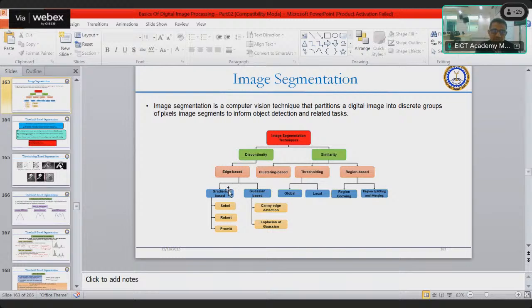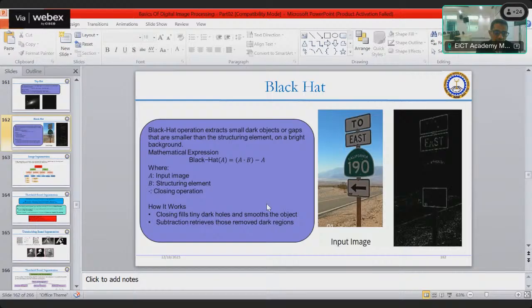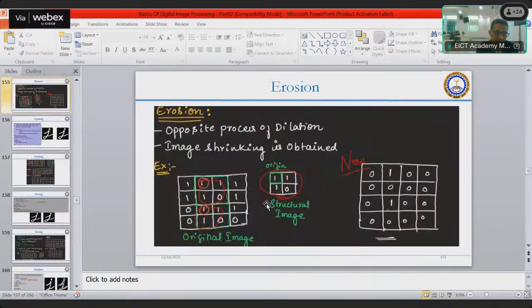Now coming to the part, after discussing the basic image, thereafter image enhancement, we started with the histogram technique, and then we moved on to spatial filtering and then frequency domain filtering, and then thereafter we took up morphology, etc., where you want to modify the image, you alter the image, dilation, erosion, etc. That we did.